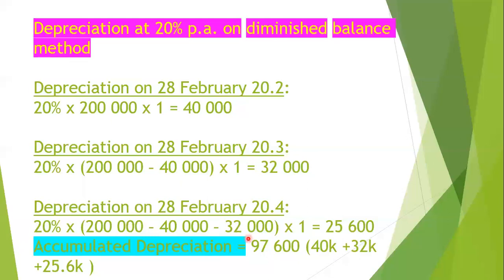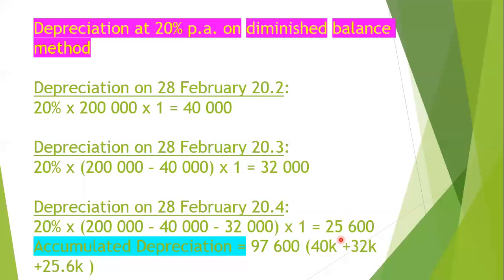The 32,000 comes from the second year's depreciation times 1 over 1, and that will give us 25,600. So see, in this step we minused the 2 previous years' worth of depreciation. And as you can see here, this number has decreased. So in the first year was 40,000, the second year was 32,000, and now in the third year it's decreased further to 25,600.